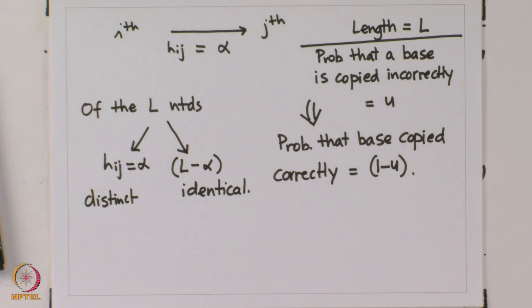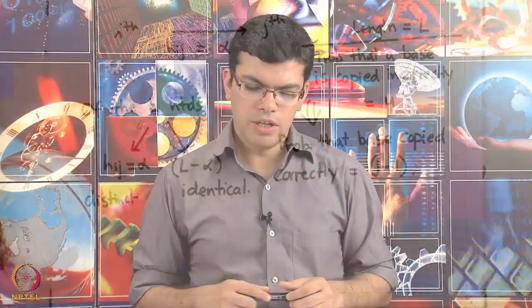We do not know which are the bases which are the same and which are the exact alpha positions where the two sequences are dissimilar, but we do know their numbers. If i is being replicated and the progeny is of sequence j, then the replicating machinery has to make errors at very precise locations, so as to introduce the same errors which would convert sequence i into sequence j.